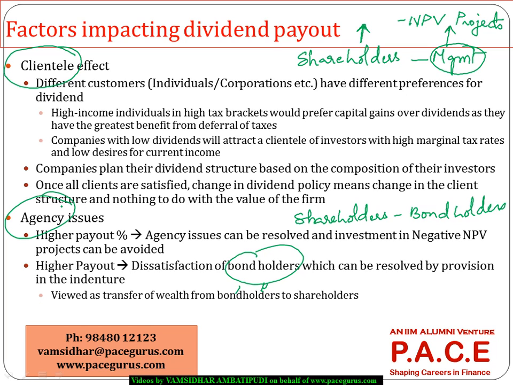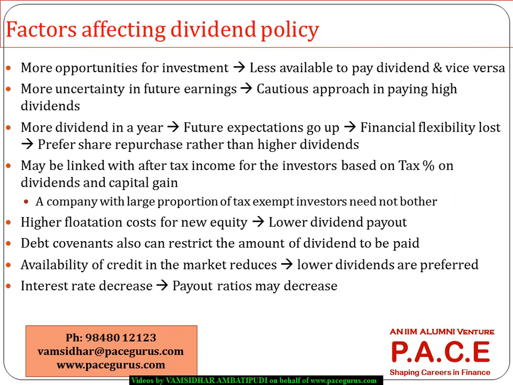along with the agency issues it is perceiving, and along with these two major areas, the focus is also on a few other factors. If the company thinks that it has large opportunities for investment in future, this could be based on the industry life cycle or the access to information which the company has.